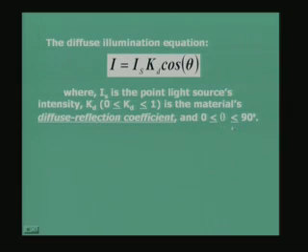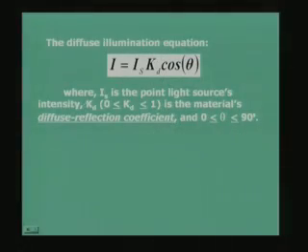Theta varies between 0 and 90 degrees. So, you can almost visualize that when theta is equal to 0, that means N and S coincide, you will have the maximum diffuse reflection, whereas when theta is close to 90 degrees, you will have very little illumination due to the diffuse reflection of the surface.